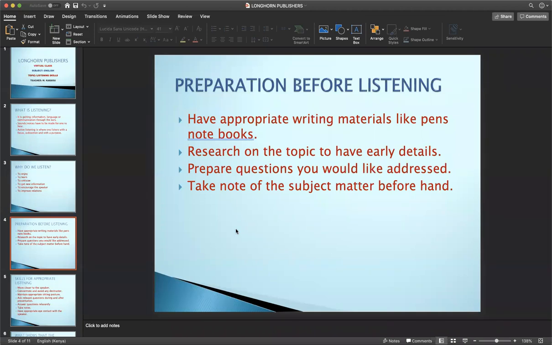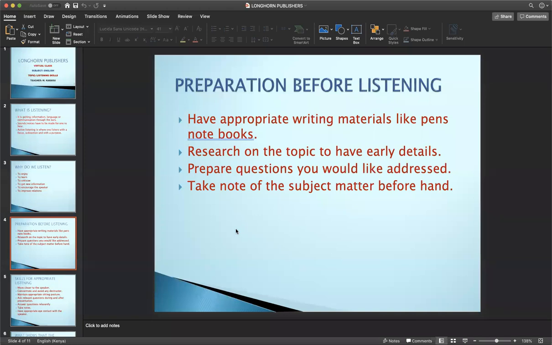And then you can research on the topic to have early details. If it's about drugs, let's just stick to drugs. You can have an earlier research on the usage of drugs, the kinds of drugs.